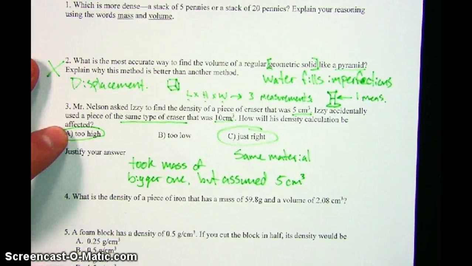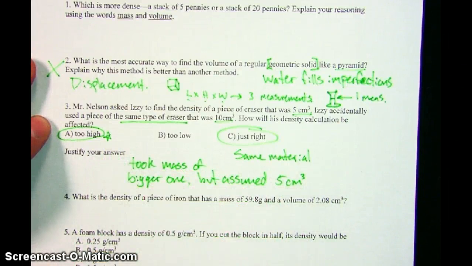So if I said to her, hey Izzy, find the density of this 5 centimeter cubed eraser, and she accidentally grabbed the 10 centimeter cubed one and never bothered to check the volume, but she did check the mass, in that case she would get too high. So that's how I'll accept those 2 answers.